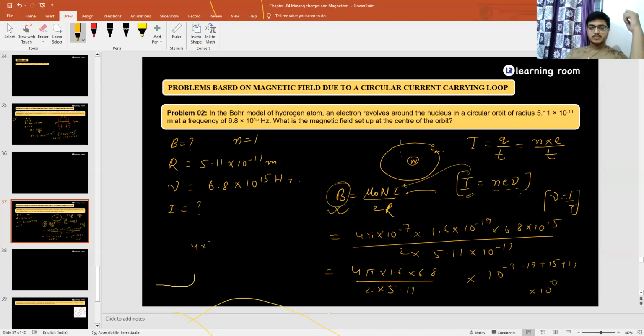So 4 into 3.14 into 1.6 into 6.8 divided by 2 into 5.11.